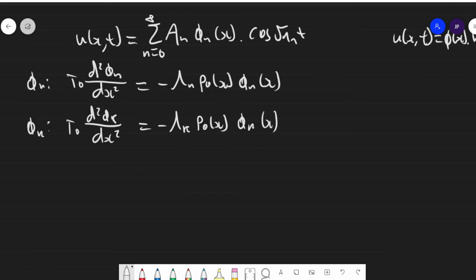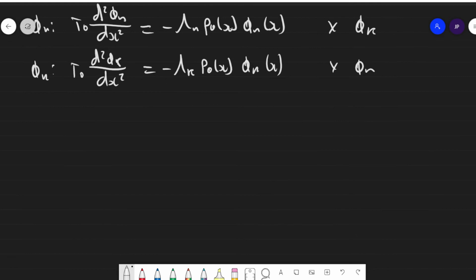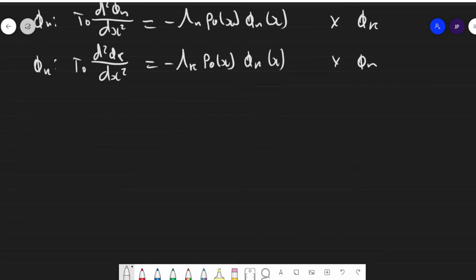Okay, if I multiply this side by this one eigenvalue, and I multiply this one by this eigenvalue, and I subtract the two equations, I'll get to this. So I'll end up with T0 divided by this one minus 0.